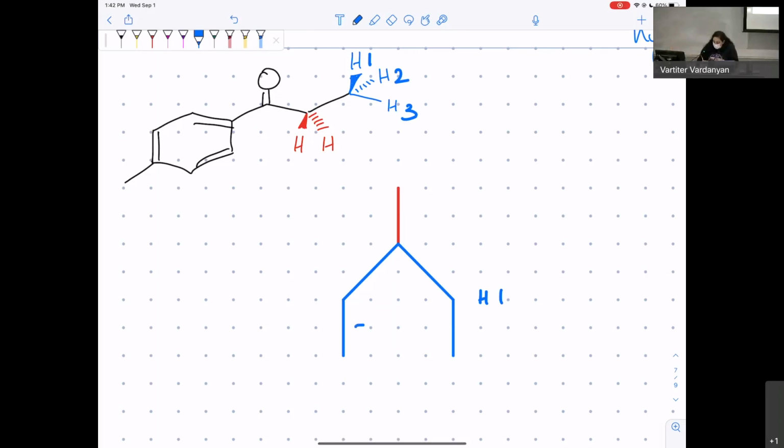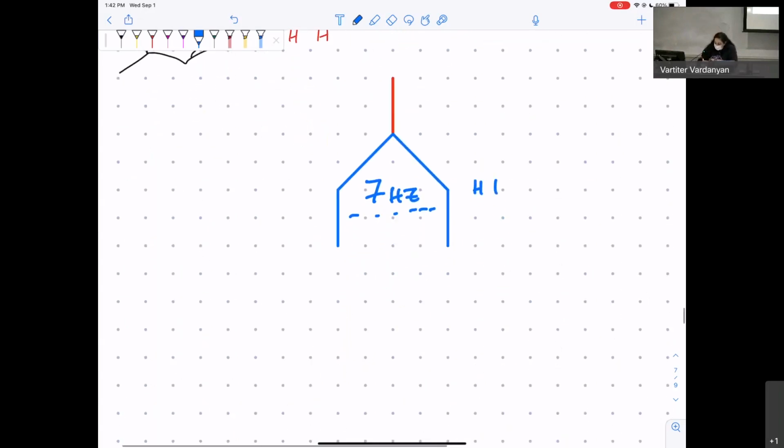In normal splitting, 9 out of 10 times, it's 7 hertz. So that's where the J value comes in. Now H2 is going to do the exact same thing, so each one of these is being split into 2 signals.